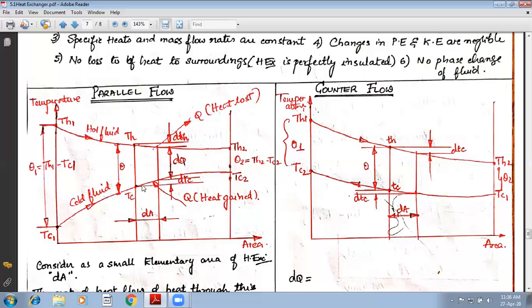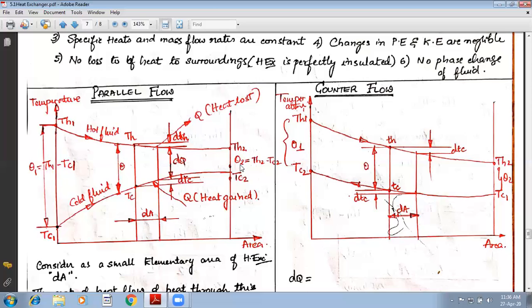Now for our analysis, we have considered a small elemental area on the heat exchanger of area dA. Now, the temperature difference at the inlet conditions is given by theta 1, which is Th1 minus Tc1.